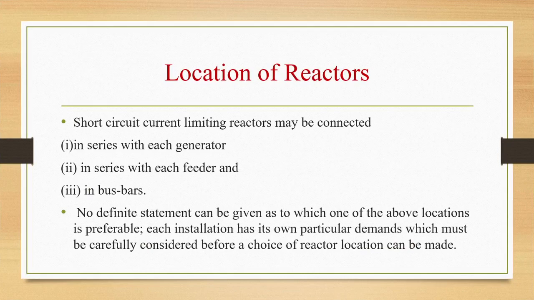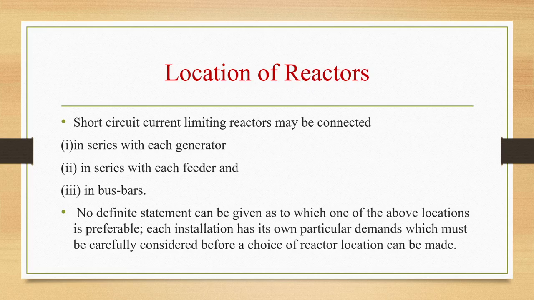Now let us see the location of reactors. Short circuit current limiting reactors may be connected in three ways. First one, they can be connected in series with each generator.